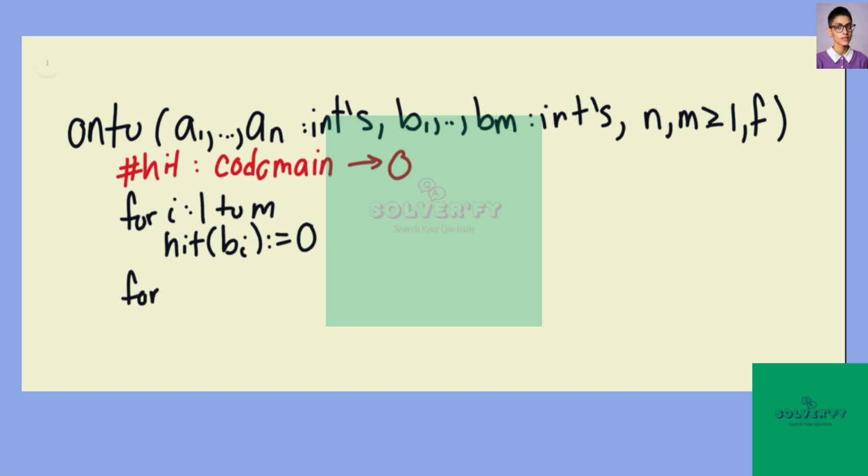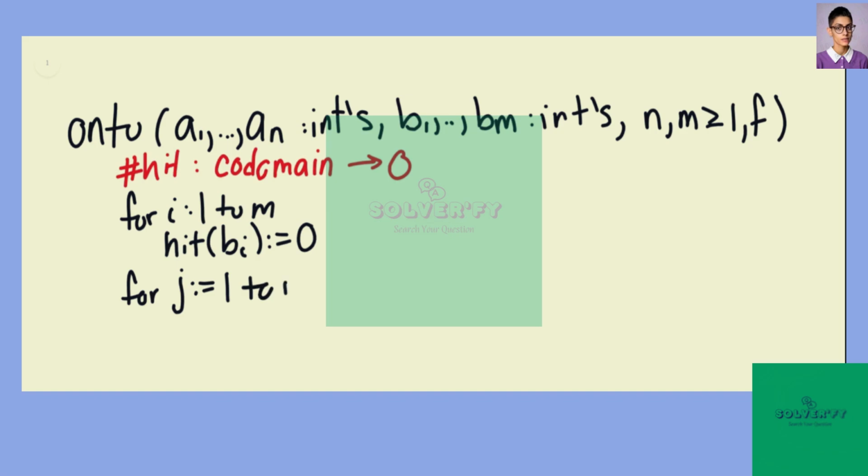So then for, we're going to want a new variable. So for j from 1 to n. So now we're working in the domain.